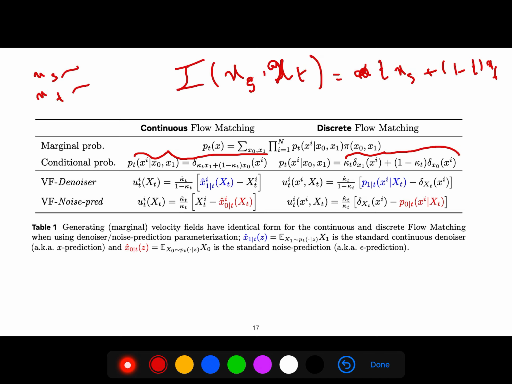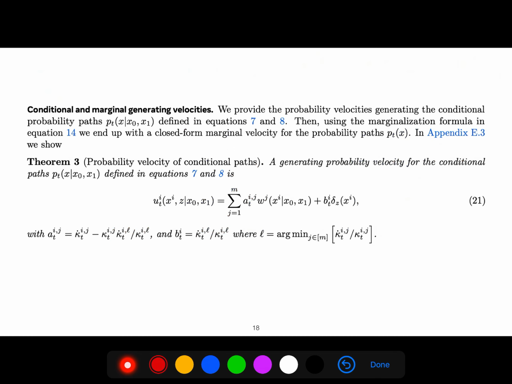That's why they add another term to model the noise. So this is an interesting research area which is a generalization of flow matching and diffusion, and also the Schrödinger bridge, which is interesting because it unifies all of these theorems. Also, if you go from continuous to discrete, it's interesting to look at that. It's universal. A generating probability velocity for the path is this.